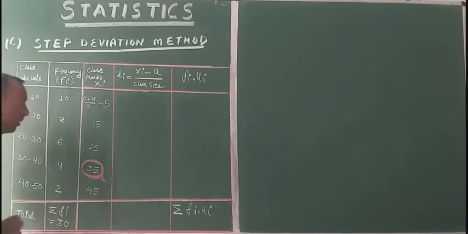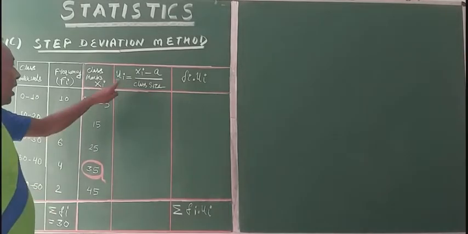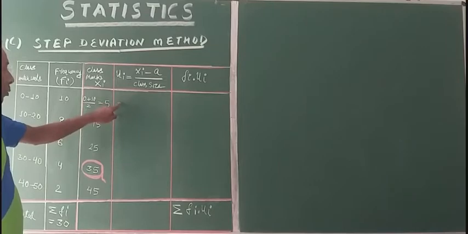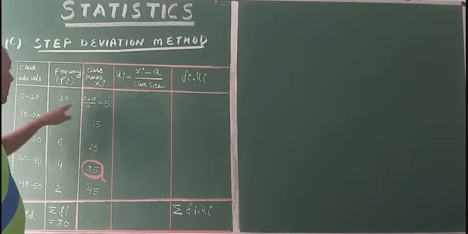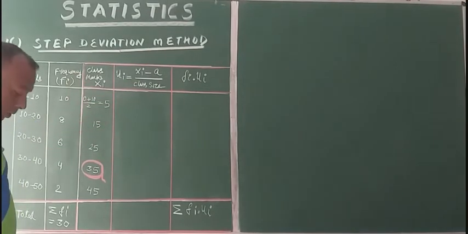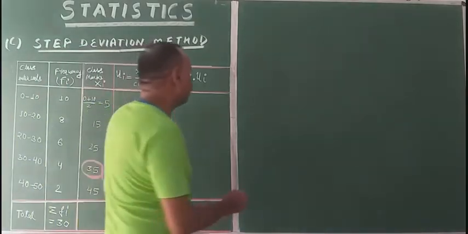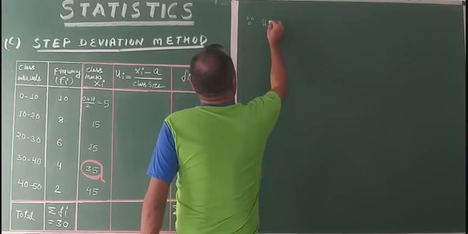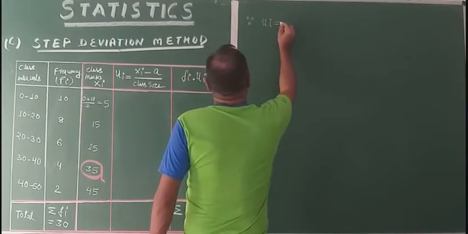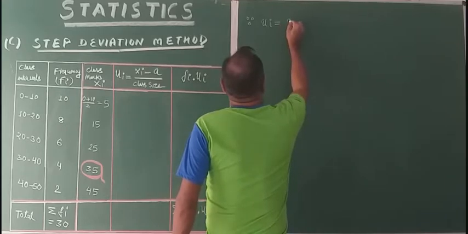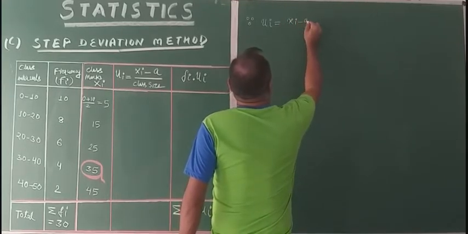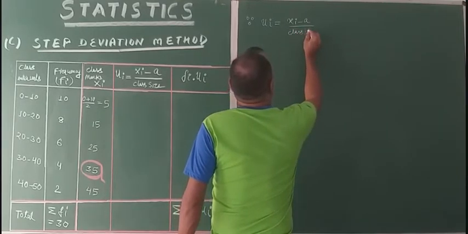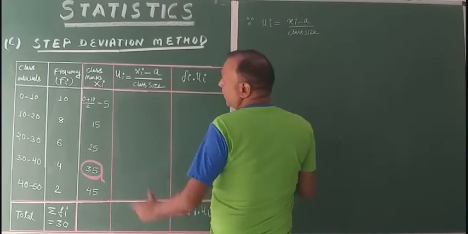So now I will find this ui. Here we will write u1 for the first class interval. Just look at this calculation. ui is given by xi minus a upon class size. What is our class size?